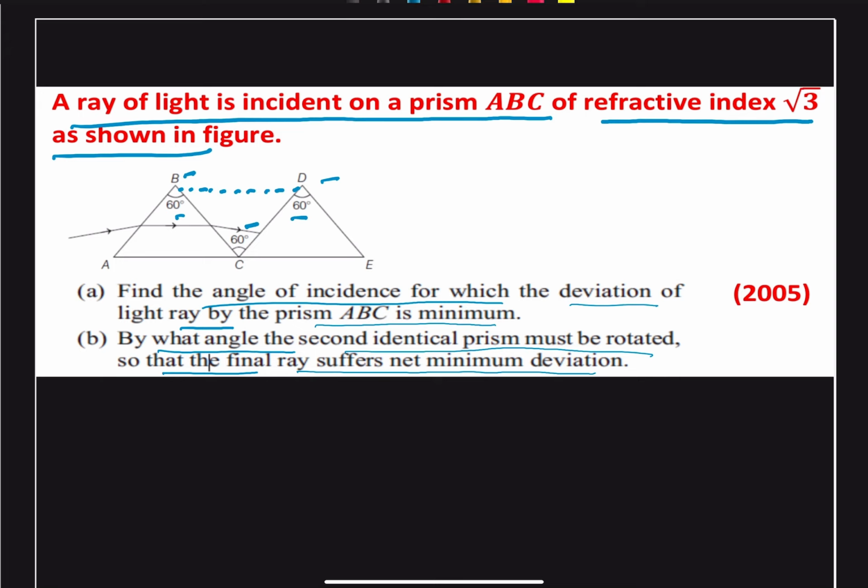First of all, we have to find out the angle of incidence such that there is a minimum deviation from the prism ABC, and we know the basic formula for that. So we start from there only.